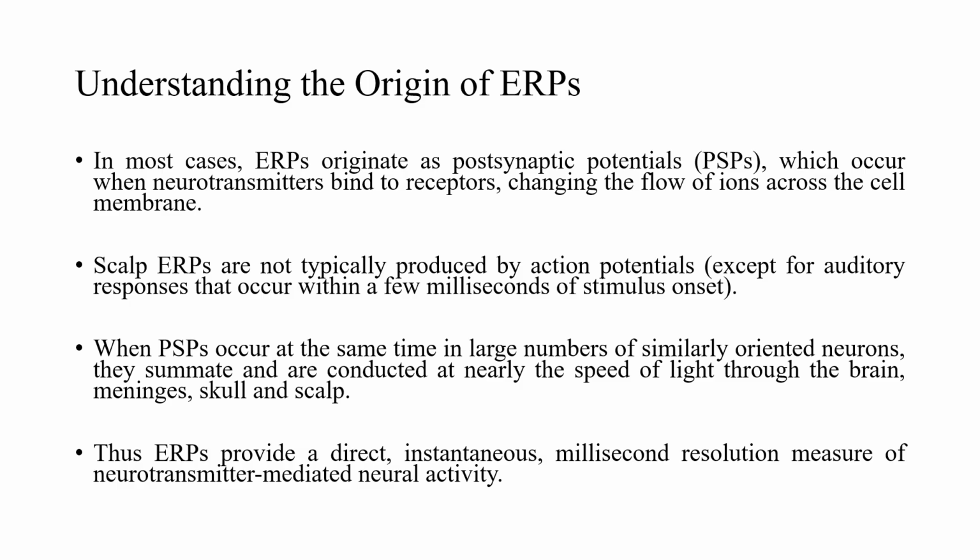When PSPs, or postsynaptic potentials, occur at the same time in large numbers of similarly oriented neurons, they summate, and are conducted at nearly the speed of light throughout the brain. So, they traverse the brain, the meninges, the skull and the scalp. Thus, ERPs are able to provide a direct, instantaneous, millisecond resolution measure of the neurotransmitter mediated neural activity. So, that is basically what we are measuring as ERPs.